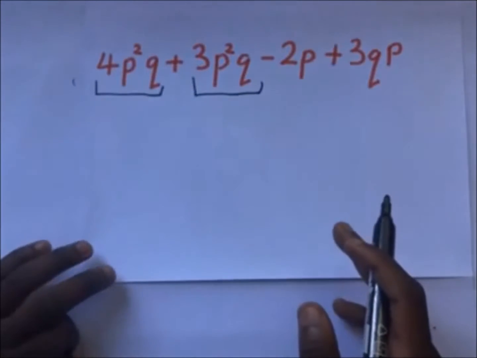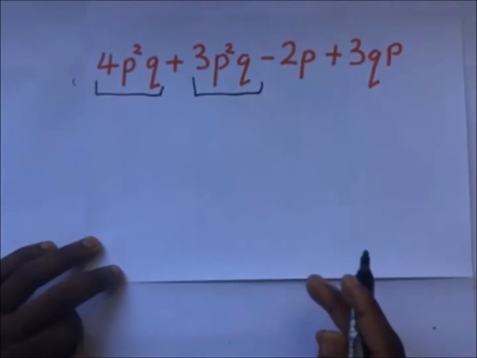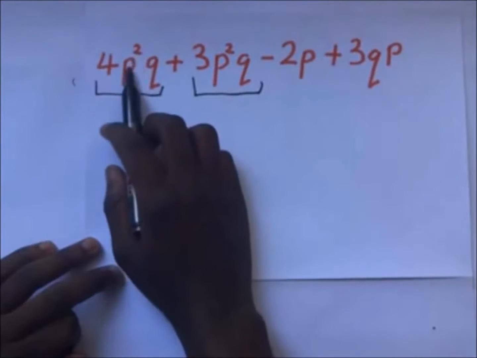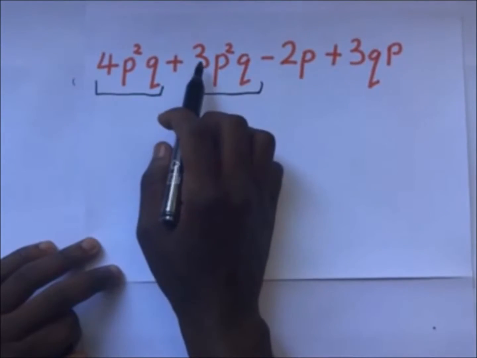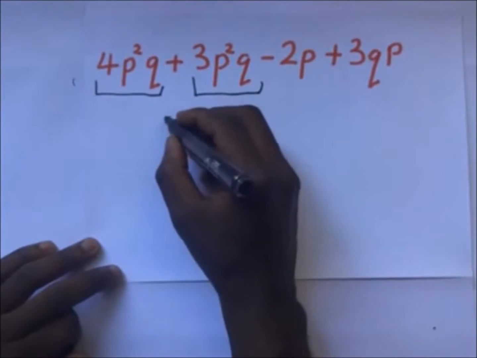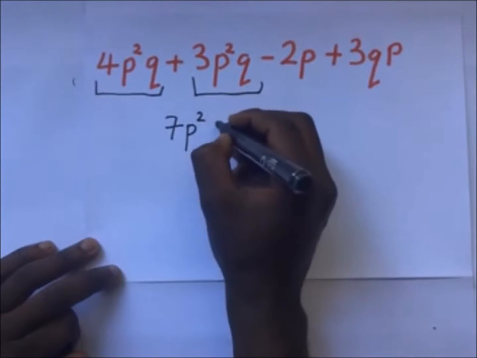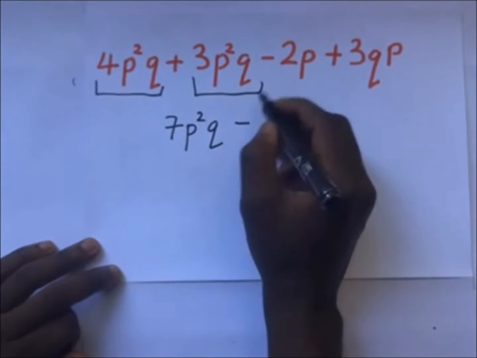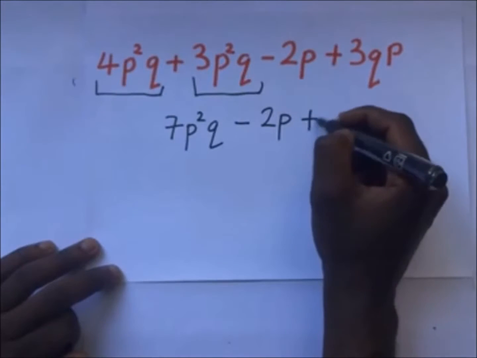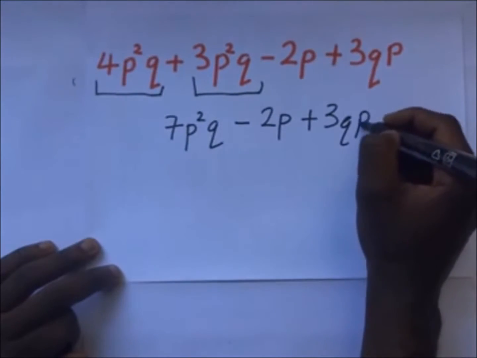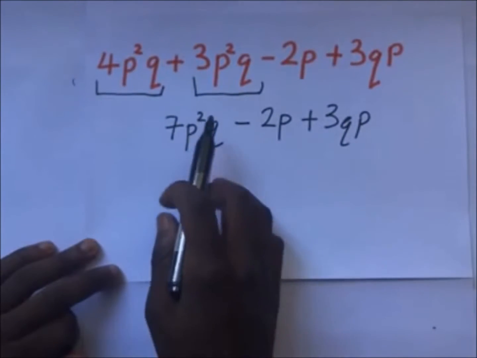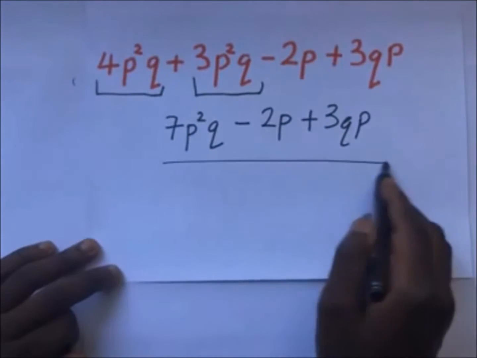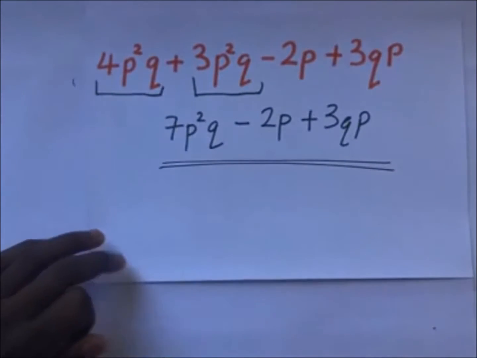So we only add terms that are like. So if this is p squared q plus p squared q, this is 4 plus 3. That is going to give us 7p squared q. Then this is minus 2p plus 3qp. So we have added the like terms, and that is how far we can go. We can't go any further than this.